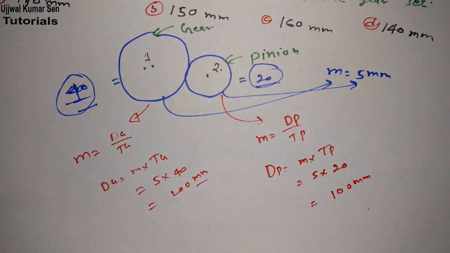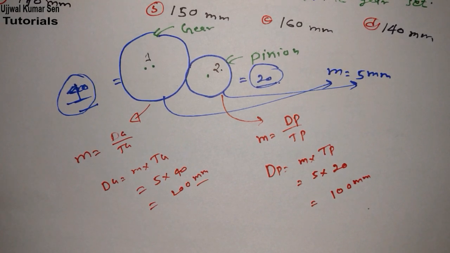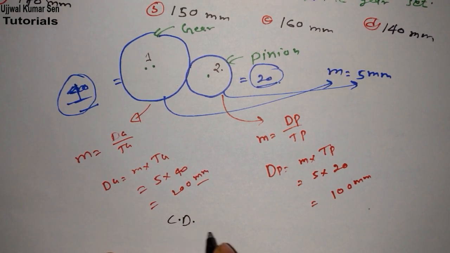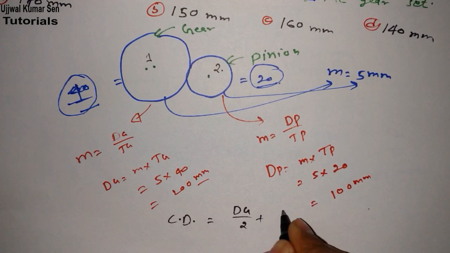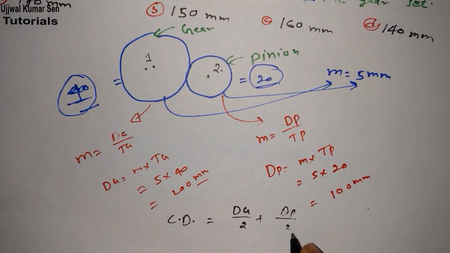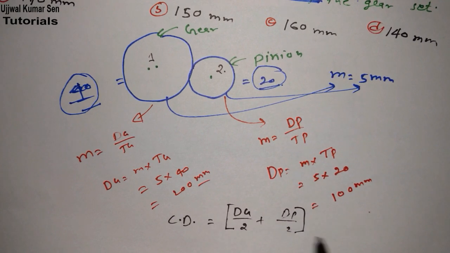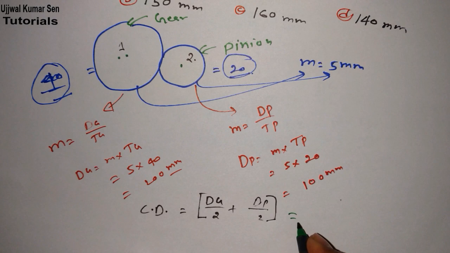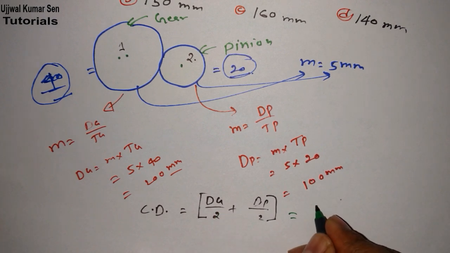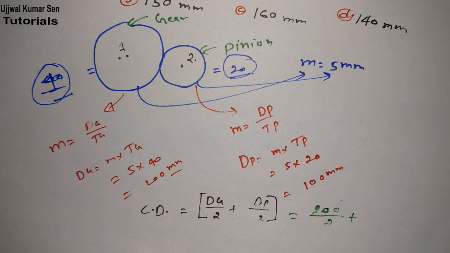Now we have to find the center distance, that is CD. Center distance is equal to dz by 2 plus dp by 2. Right? Now let's go to the next step. What is dz here? 200 divided by 2.